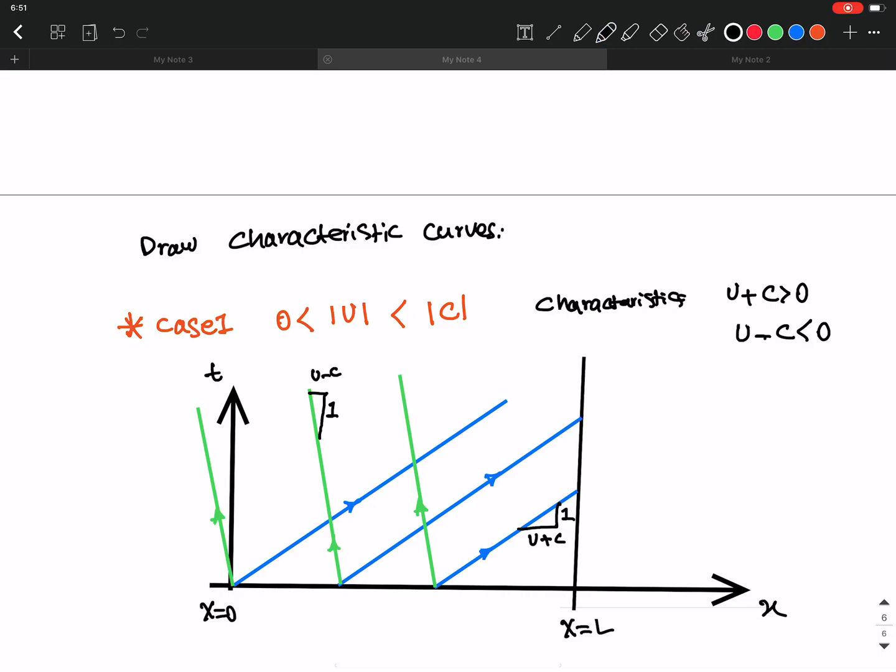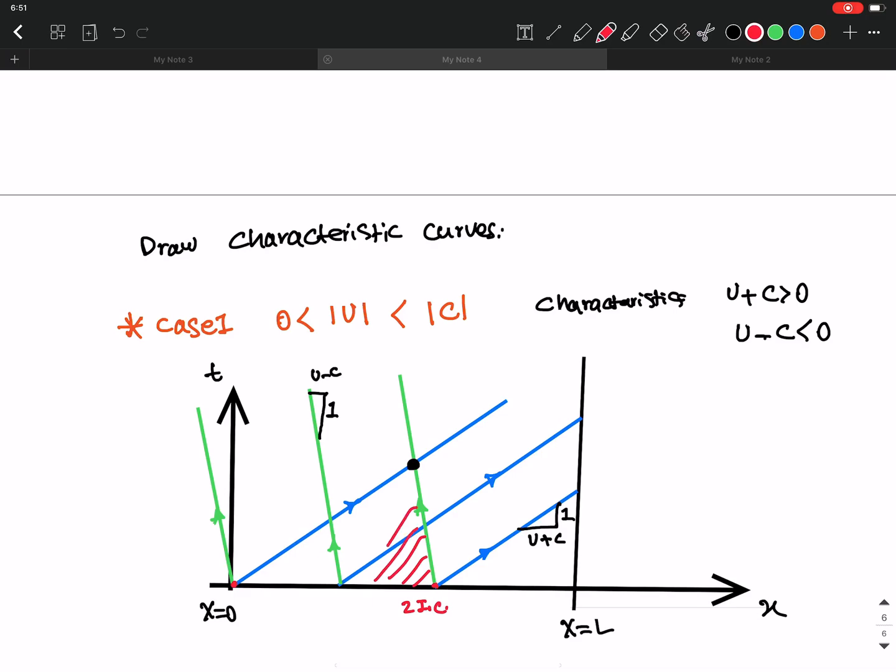So here, say for this point, the information is going to come from 2 points, one here and one here, right? So we are going to have 2 initial conditions that determine the solution at this point in the space.